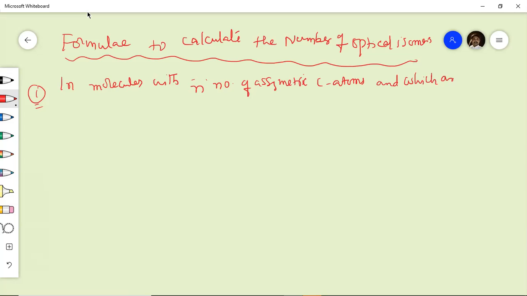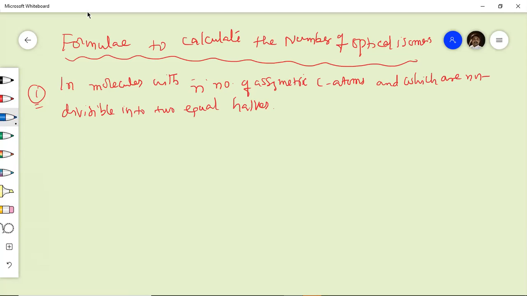Why? Because if that happens, they will become meso forms also. That's why the condition is given like this.